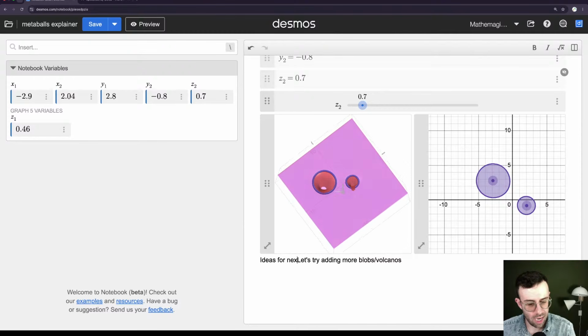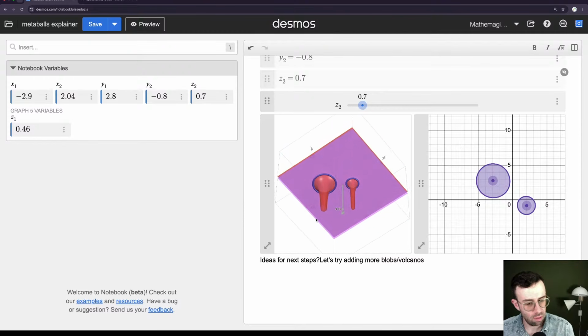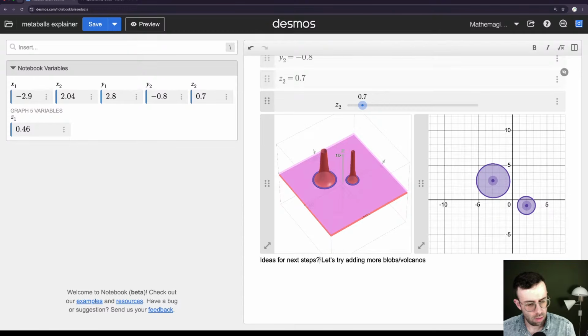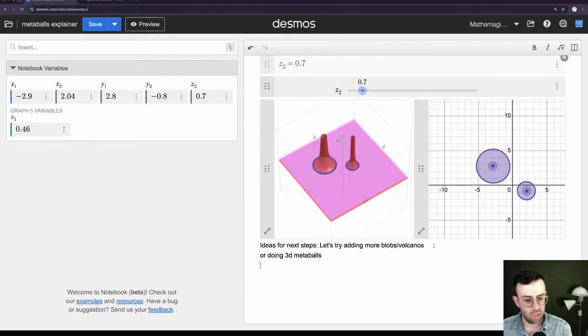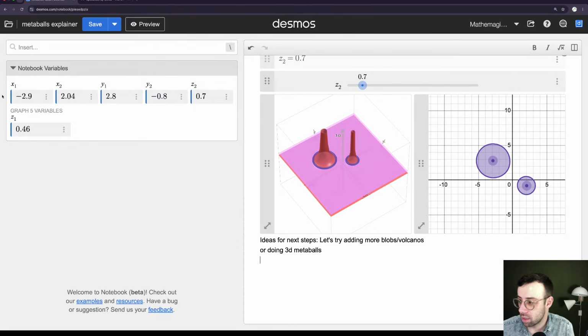Ideas for next steps. Adding more blobs and volcanoes would be pretty easy. Or doing 3D metaballs. I just want to try doing 3D metaballs for fun.